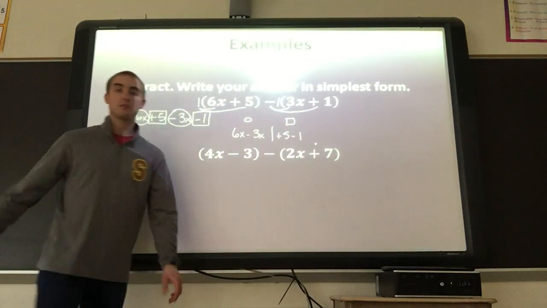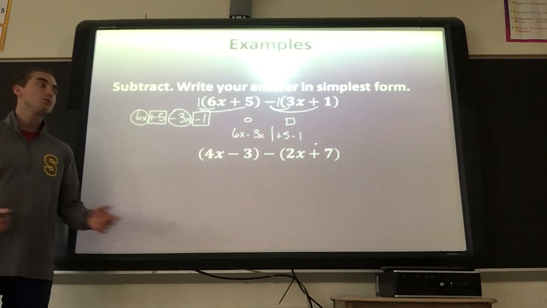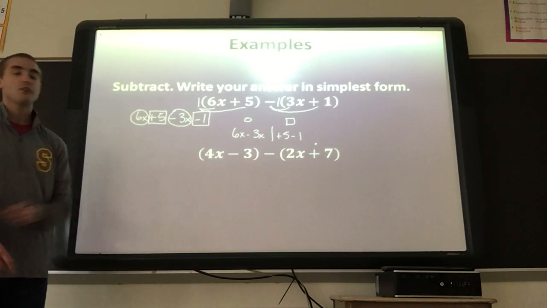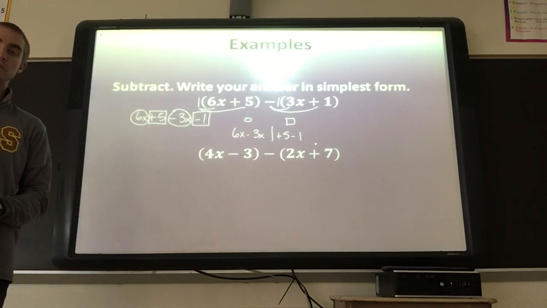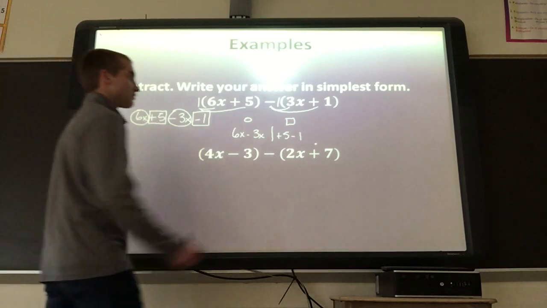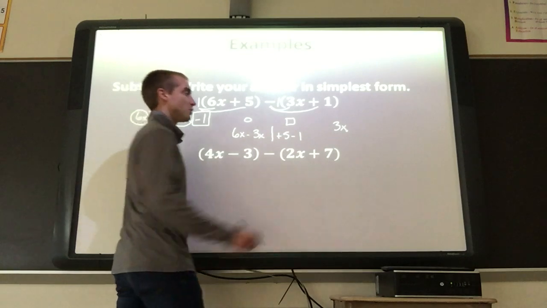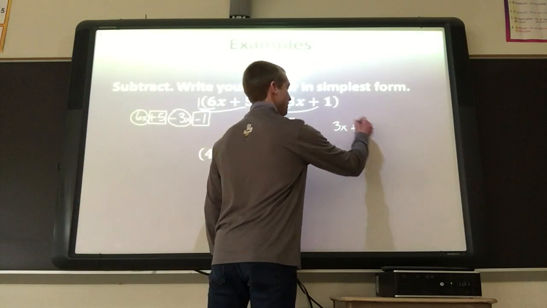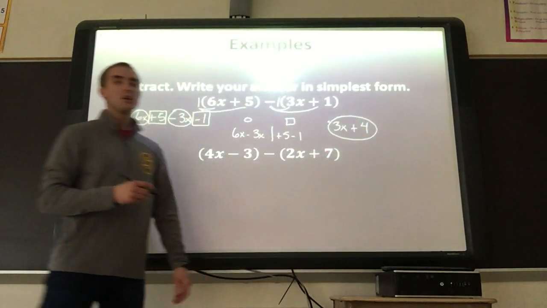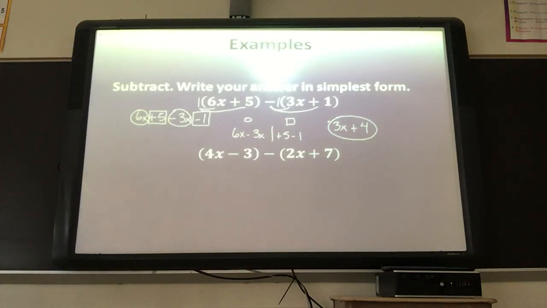We don't have to put the subtraction sign in between them because we've circled the sign that goes in front of all of these terms. So 6x minus 3x would give us 3x, and then positive 5 minus 1 would give us positive 4. So 3x plus 4 would be our final answer, our simplified expression there.